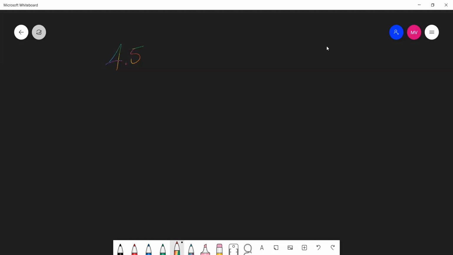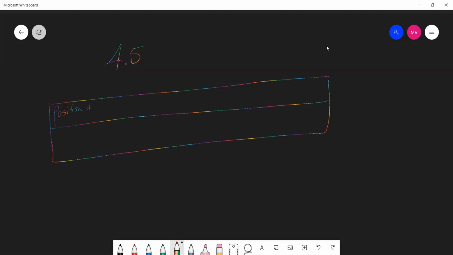So remember, when you are looking at a sequence, you are looking at the position of the term in the sequence, and then the term itself, which is the value. So position 1, 2, 3, 4, 5 to infinity.